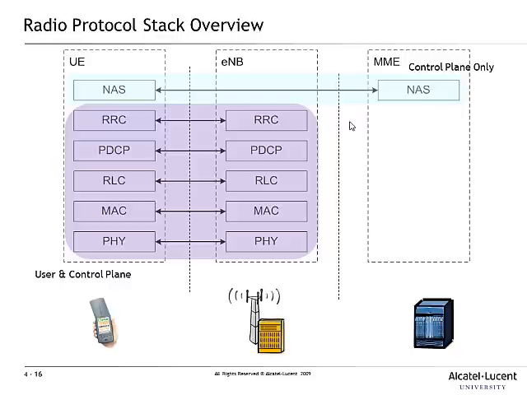The layer above it is referred to as the MAC layer, the media access control layer. It performs a number of functions, but probably one of the most important is scheduling.